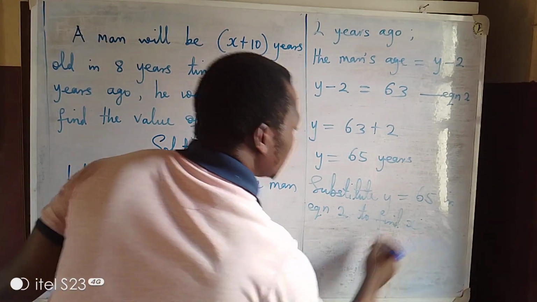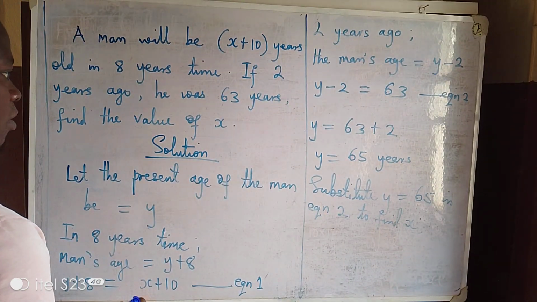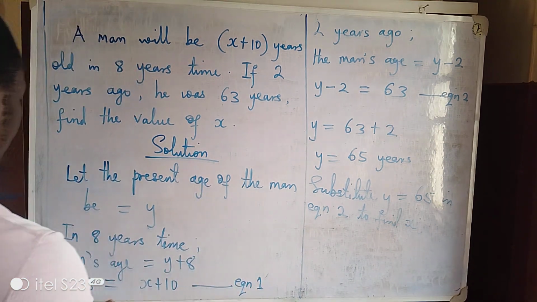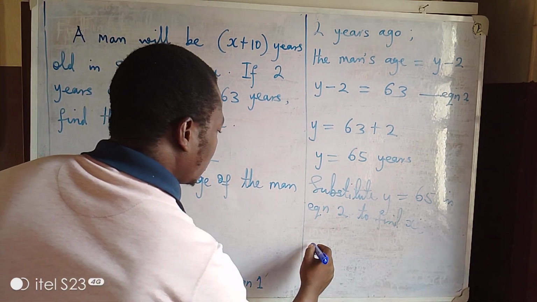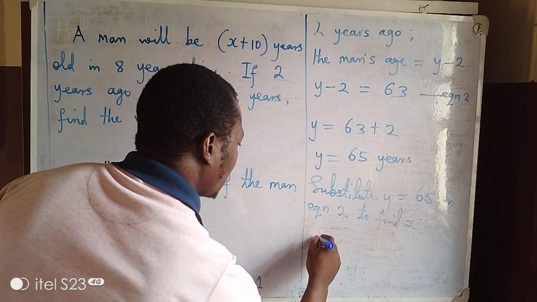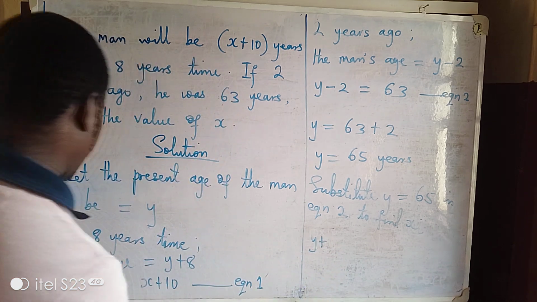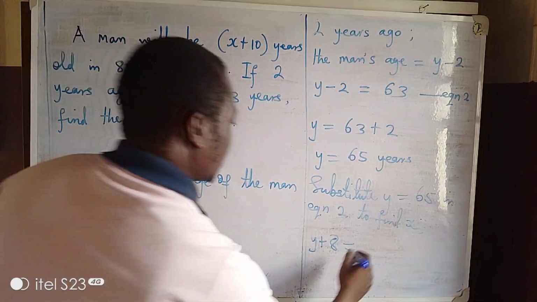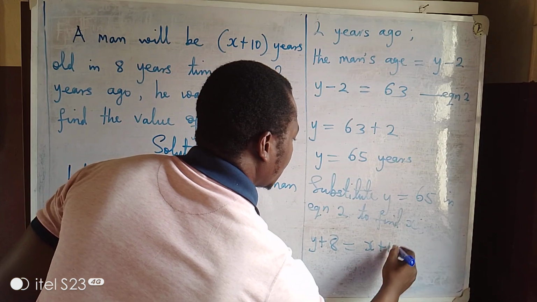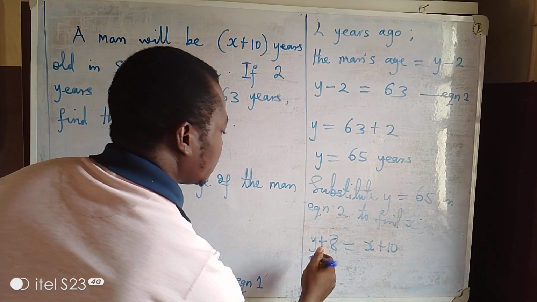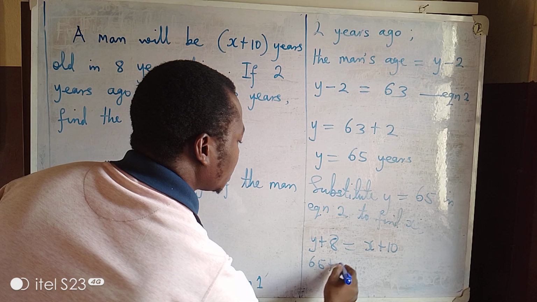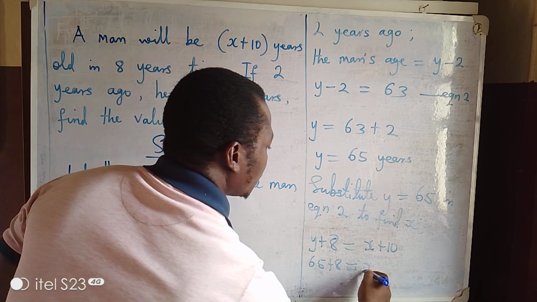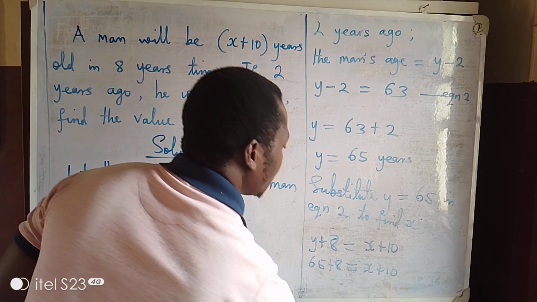So in equation 1, we have y plus 8 equals x plus 10. y is 65, so that will be 65 plus 8 equals x plus 10.